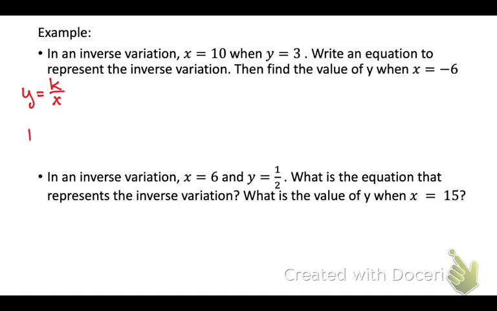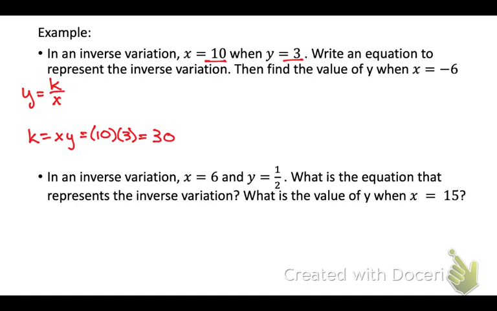X times y. If you move this equation around, you get x times y equals k. So k equals x times y. X is 10 and y is 3, so I have 10 times 3. K is 30.